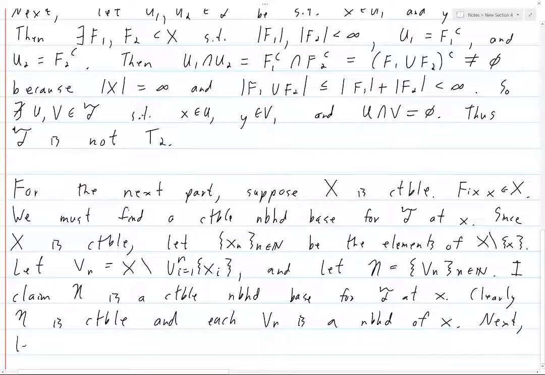next, let U be a neighborhood of x, any open set containing x. So an open neighborhood. Let U be an open neighborhood of x. So x is contained in U, and U is an element of the topology. Then U is going to be F complement, where F is finite.